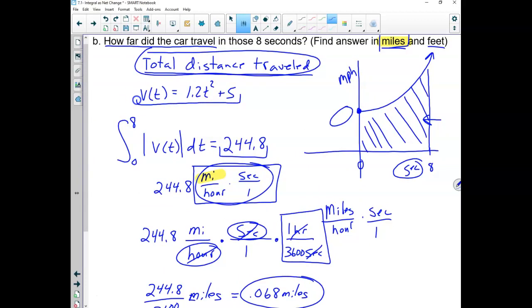If they gave me an initial position, which they didn't, so I don't know how far I traveled in those 8 seconds, so I'm assuming it's at 0. If I integrate that, that should give me my position function, and I should be able to plug 8 in there and get my position, but that's going to be in miles, which would then need to be converted, hopefully, to feet and all the good stuff there. So that's just some unit analysis.